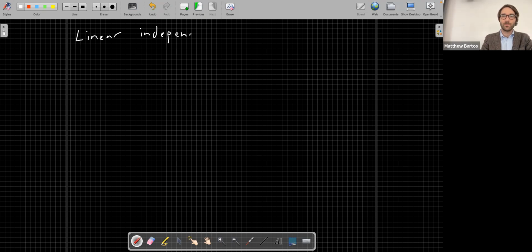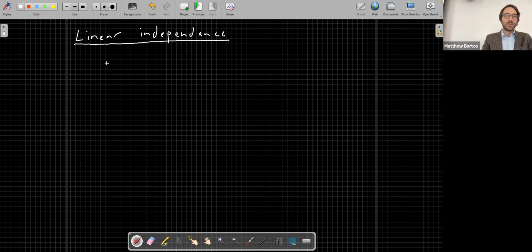Okay, so who here is familiar with the concept of linearly dependent and linearly independent vectors? Okay, so it's just one. So it's a fairly intuitive concept, and you've probably seen it in some form before, but it's a very important concept going forward.